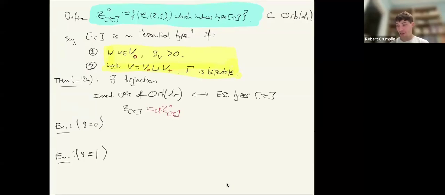So okay, that's nice. Let's just see what this theorem says for low genera, and then we can draw some of these pictures and see what's going on. So in genus 0, there is precisely one essential type. So what does this type look like?